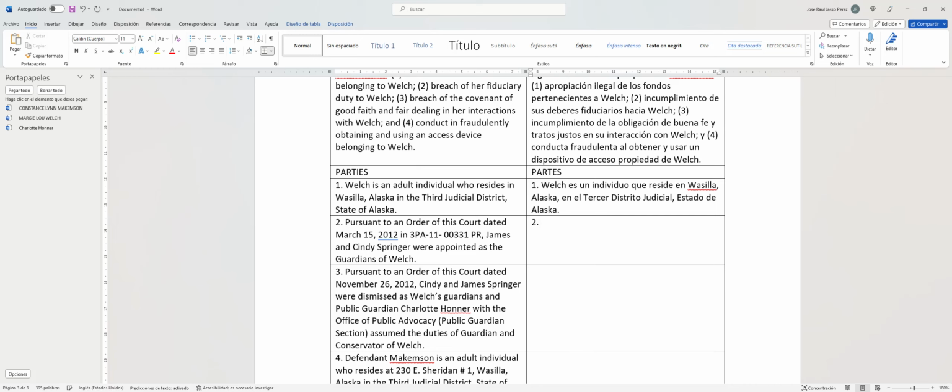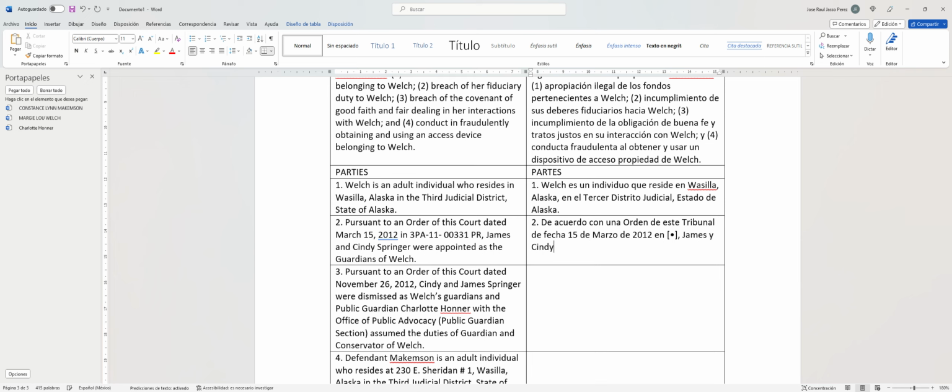Okay. Number 2. Pursuant to an order of this court, de acuerdo con una orden de este tribunal o de esta corte, de fecha 15 de marzo de 2012, and we can include here the file number.